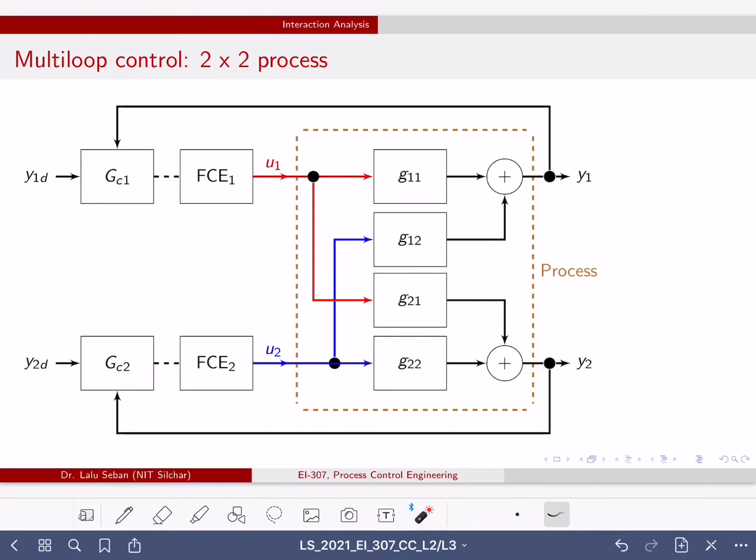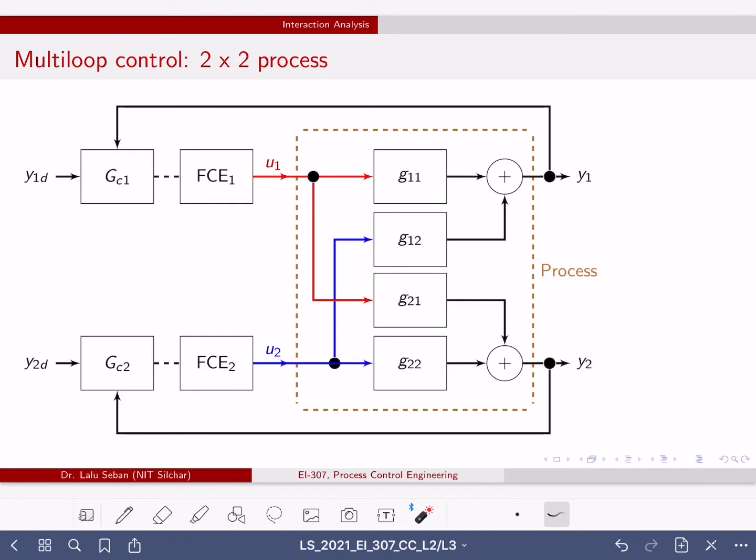Here if you look closely, you can see one interesting thing. When you are using u1 for changing y1, fine, good. There is a relation between u1 and y1. Definitely when you change u1, y1 will also change. But u1 will also affect y2 through g21. That is an undesired effect.